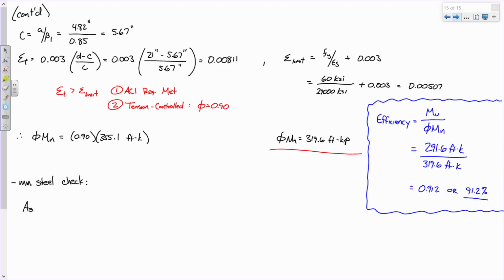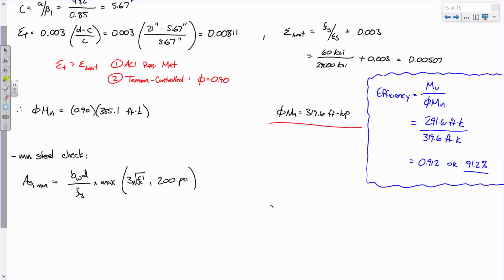And A_s min is b_w d over f_y times the max of 3 square root of f'c, or 200 psi. Remember that? Y'all did it, hopefully, on the last homework assignment. I hope you did.